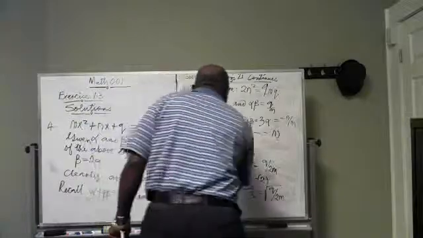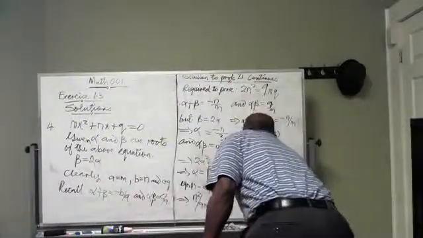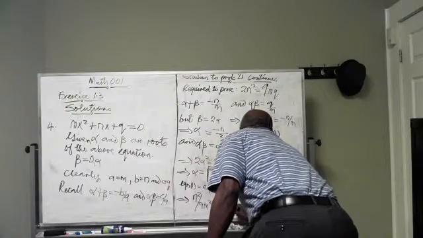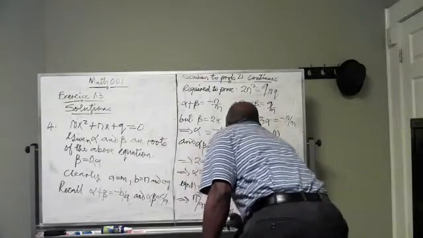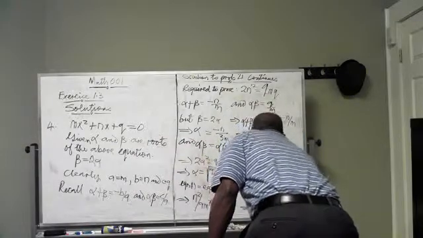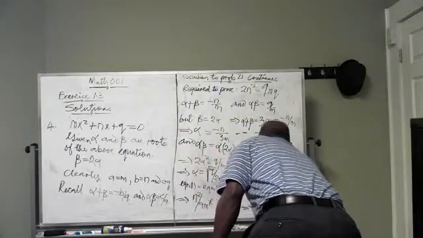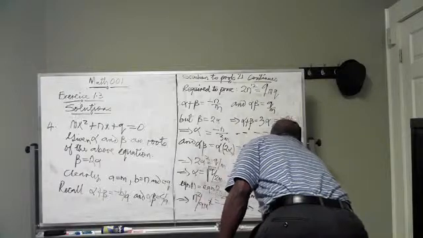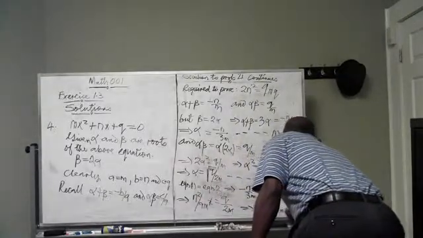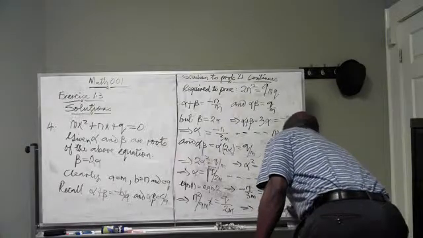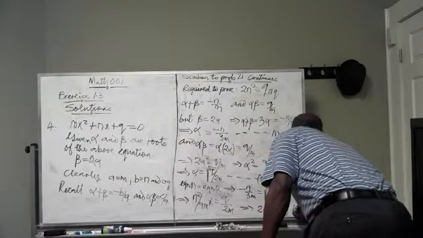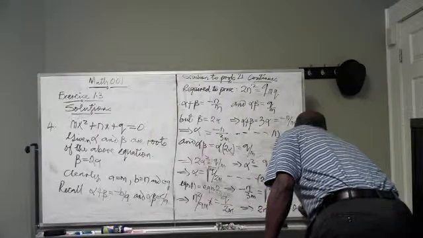So if we cross multiply, this will give us 2n squared is equal to 9m cubed. And our proof is complete. QED.